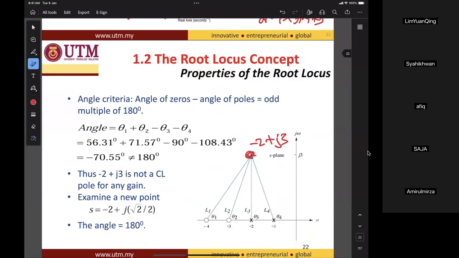We draw a line from the zeros -4 and -3, this one L1, L2, and then from the open loop poles -2 and -1, we draw a line towards -2 plus j3, the test point. Then we measure the angles θ1, θ2, θ3, and θ4.